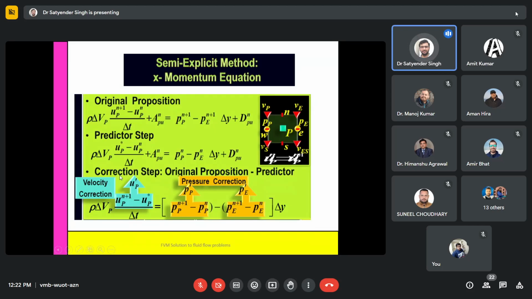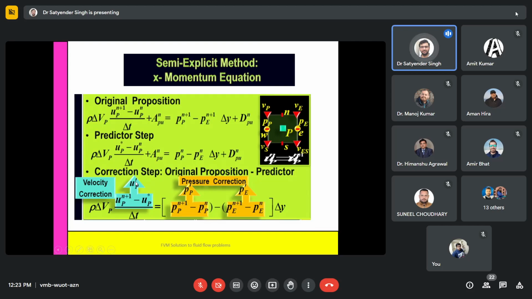Now we are proceeding toward the correction step. In the correction step, I will subtract the predictor step from the original proposition. That will be called the corrector step. I will call this corrector step up prime.